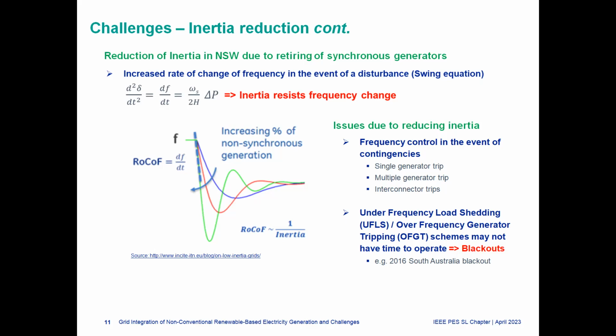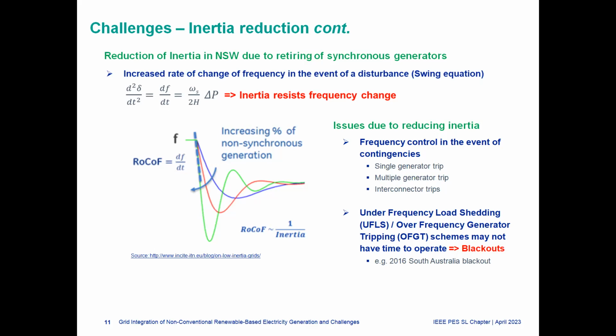That overloaded the interconnector from Victoria to South Australia, and it tripped as well. That megawatt generation deficit caused a significant frequency drop, and the under frequency load shedding system couldn't cope with that fast frequency drop, and then the whole system collapsed.